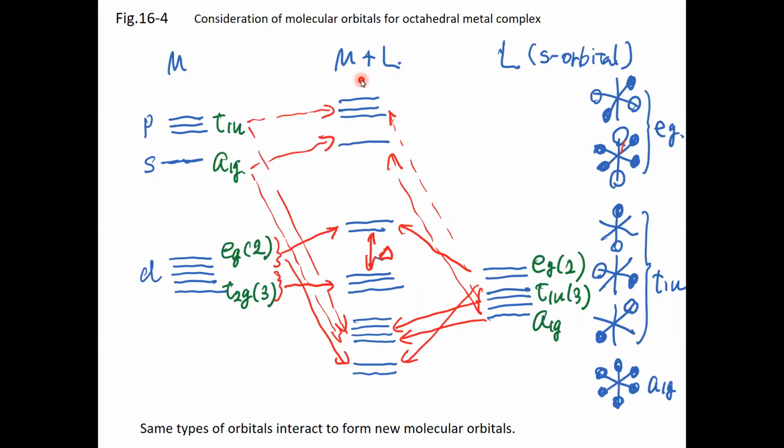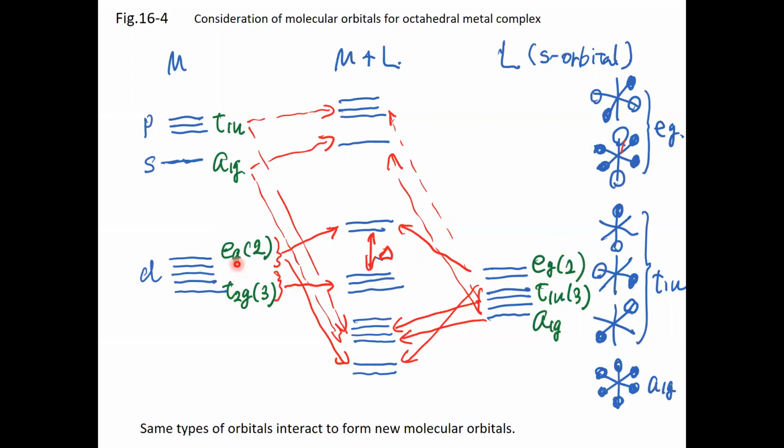The important thing you have to remember is that only orbitals of the same type can interact to form a new molecular orbital. In the T2g case, there's no T2g on the ligand side, so this molecular orbital does not interact with the ligand field.